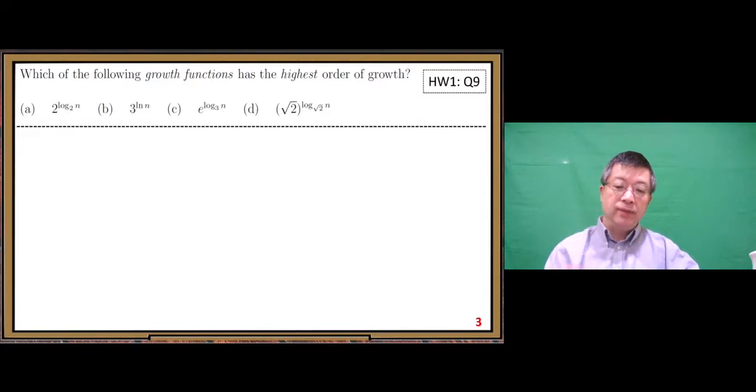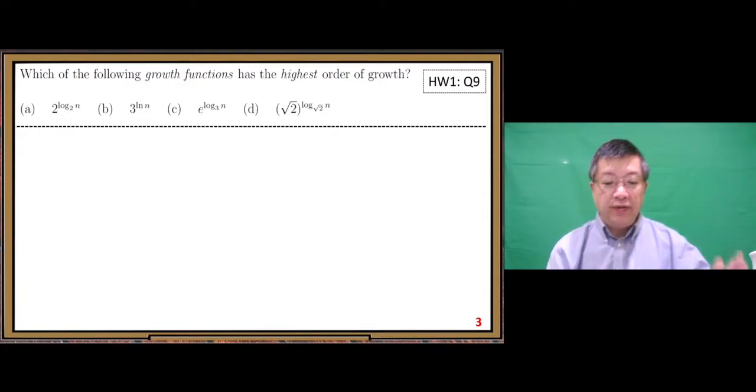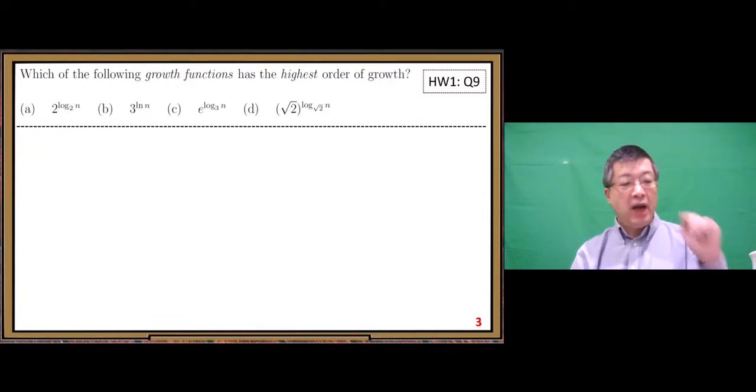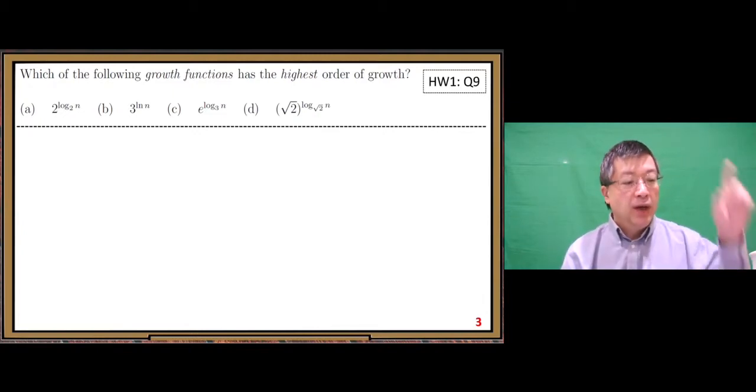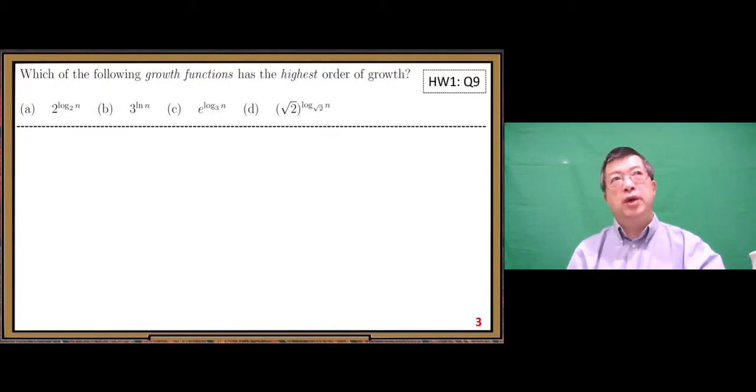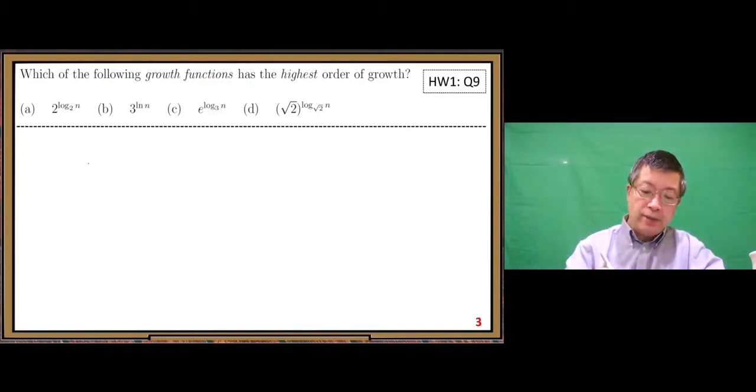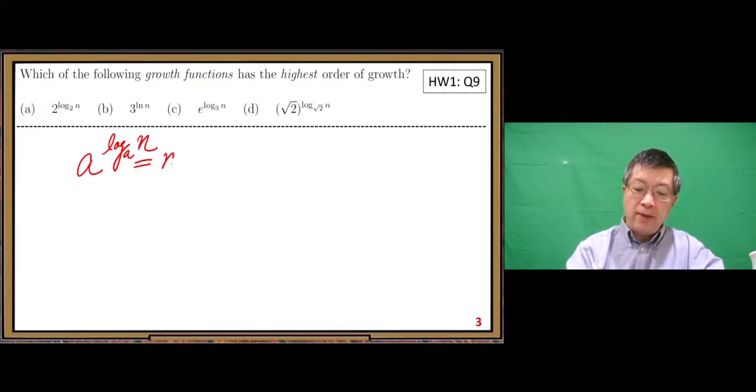The next question, question number 9. For this question, I want to talk about one key formula. Some of you know it, but some of you probably forget that property of logarithms: a to the log base a of n equals n.